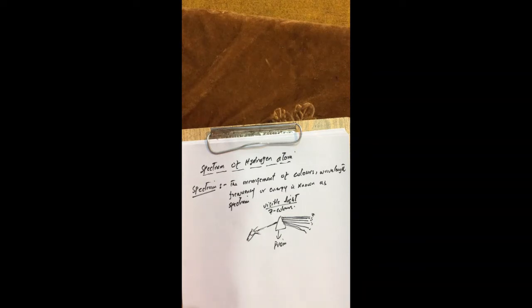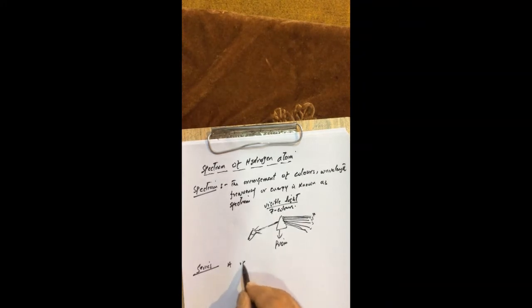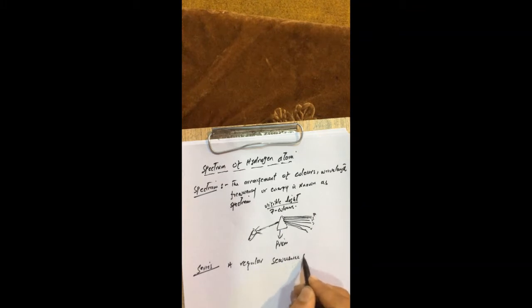Now next we have another term which we will use in the spectrum of hydrogen, which is called series. What does series mean? It is basically a regular sequence of lines in a spectrum.